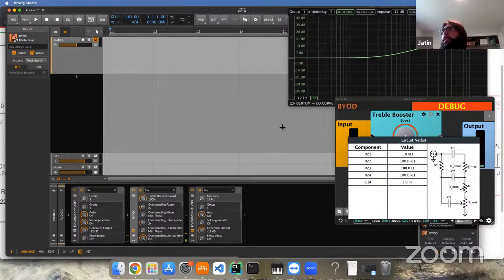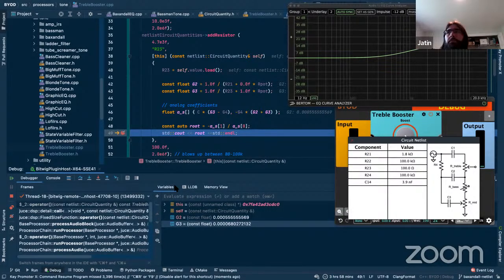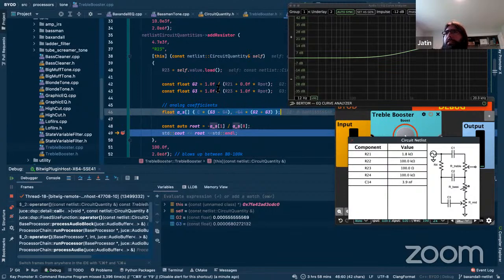We want the default, which is 4.7K. So let's see, R23 affects G3. G3 is that number. Yeah, that's kind of annoying that we can't actually see the A values here.